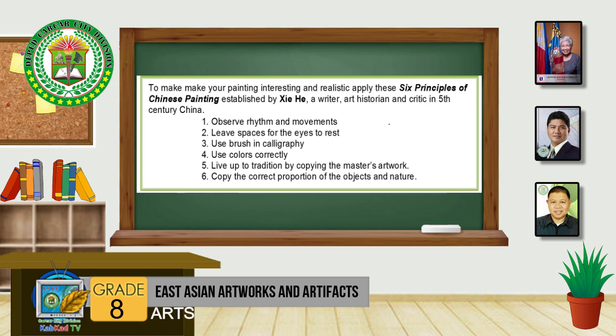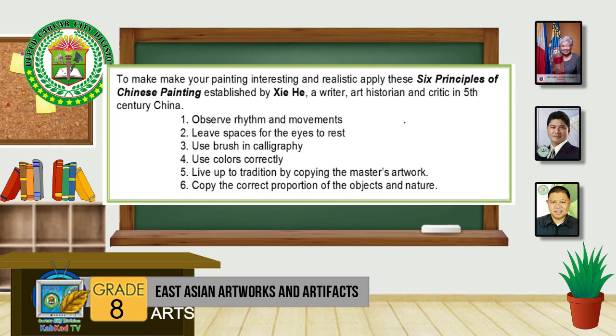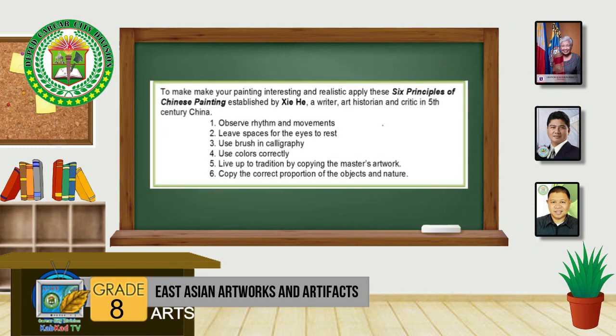Second, leave spaces for the eyes to rest. Third, use the brush as in calligraphy. Fourth, use colors correctly. Fifth, live up to tradition by copying the master's artwork. And lastly, copy the correct proportion of the objects and nature.